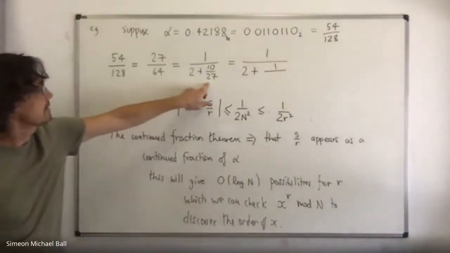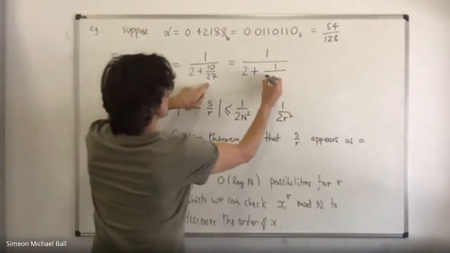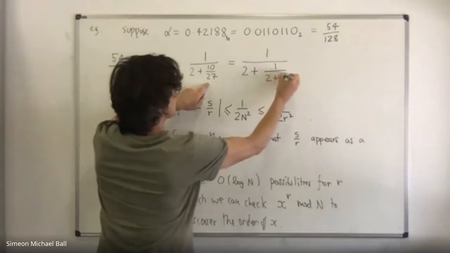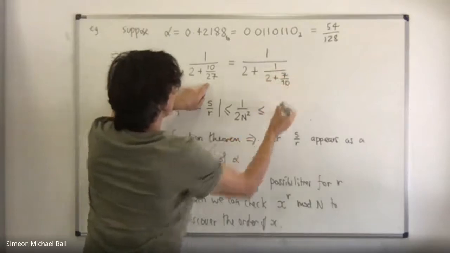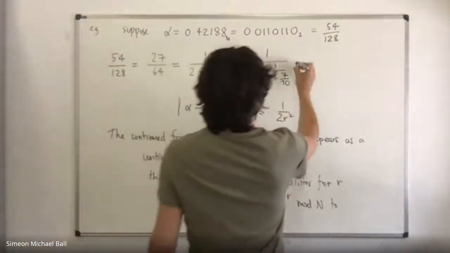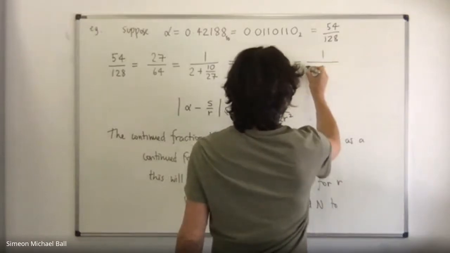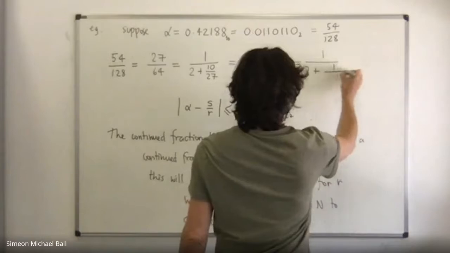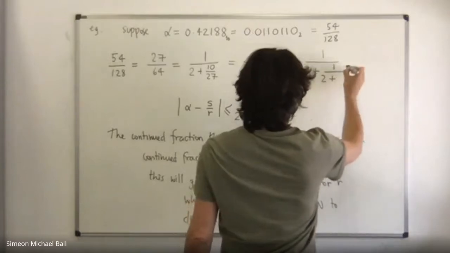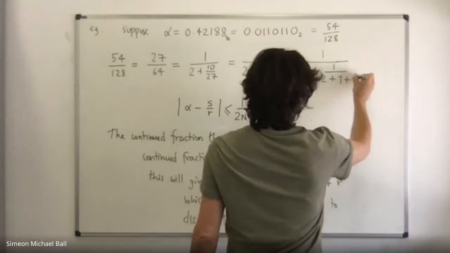So this 27 by 2 is 1 divided by 27 divided by 10, which is 2 plus 7 tenths. I'm just going to continue. Let me continue down. 2 plus 1 divided by 2 plus 2 divided by 7, which is 1 plus 3.